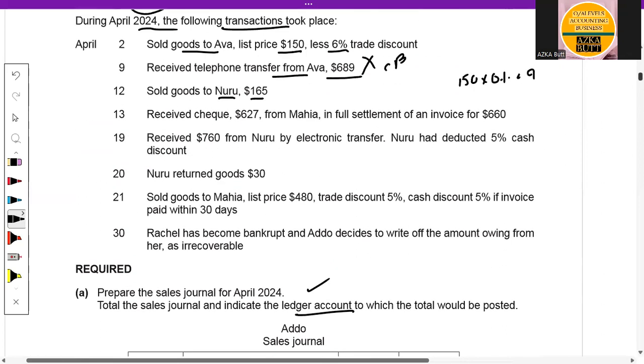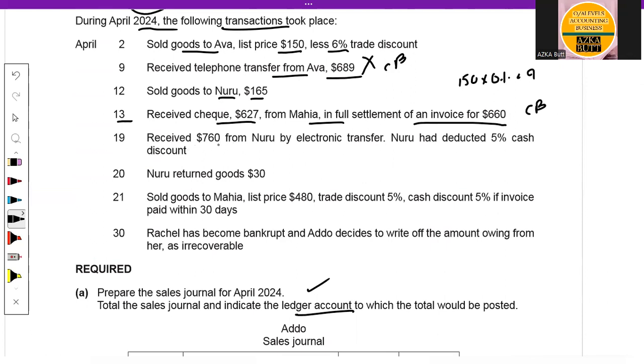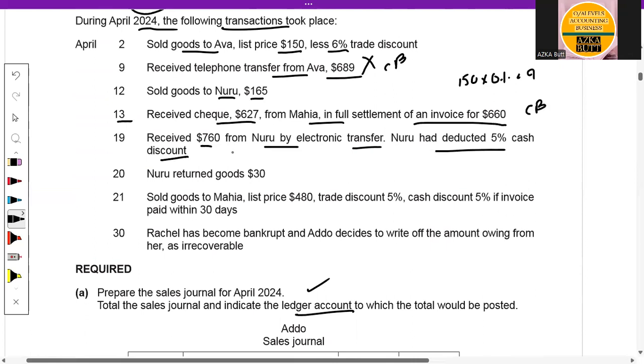On 13, received check 667 from Mahira in full settlement of an invoice. Again, this is part of the cash book. Received $760 from Nuru by electronic transfer. Nuru had deducted 5% cash discount. Again, this is related to the cash book. Nuru returned goods $30. This will not be recorded in the sales journal.